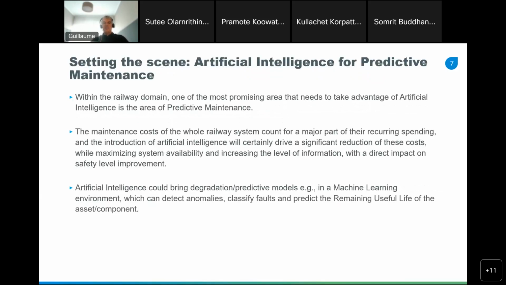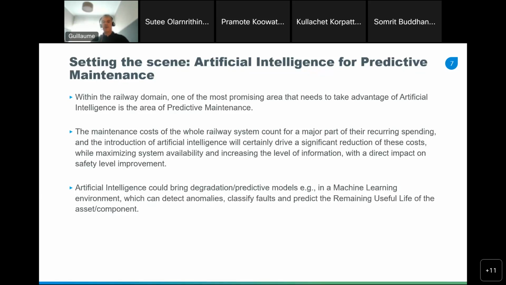And the last point I would like to present to set the scene is how artificial intelligence, what it could bring to the predictive maintenance policy. As I said previously, one of the most promising areas that can take advantage of AI is seen as predictive maintenance.